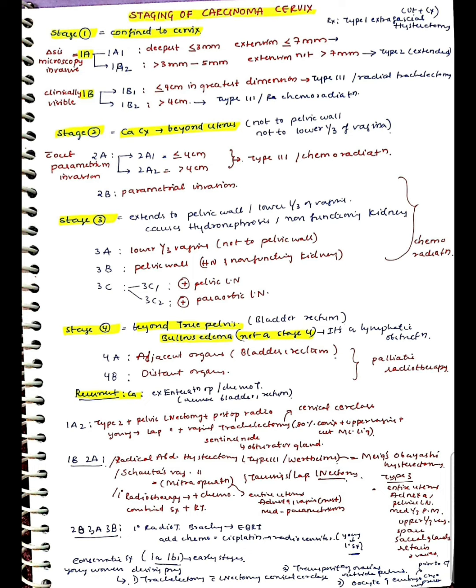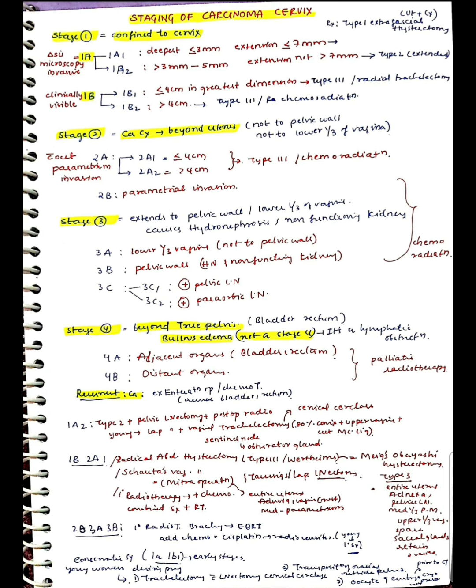Now for stage 2B and in stage 3A, 3B, we go with the chemoradiation. Because they are advanced type of cancers, we have to give the chemoradiation. Surgery is not feasible here. Okay, now in stage 4 also we have to do palliative radiotherapy. So this is about the treatment of the carcinoma cervix.